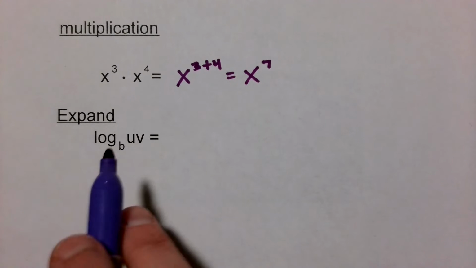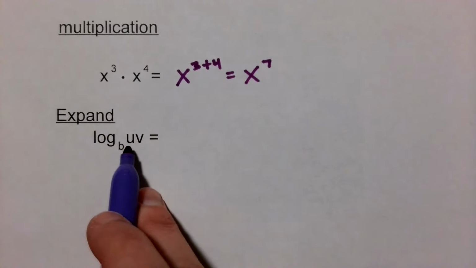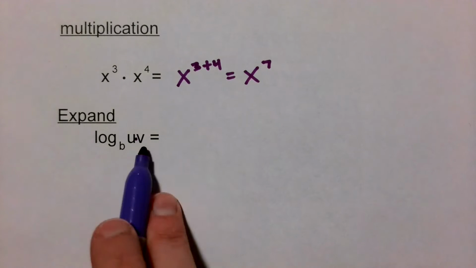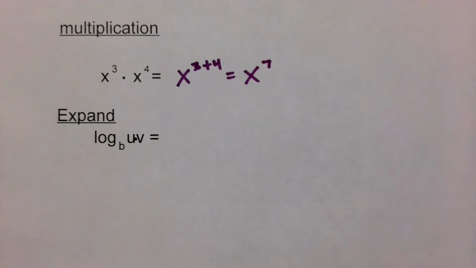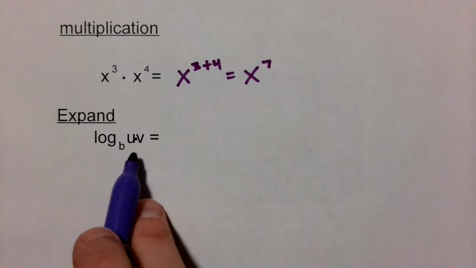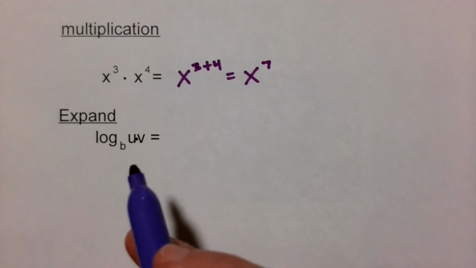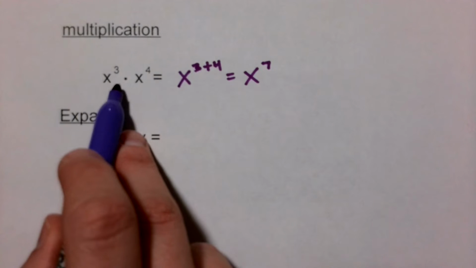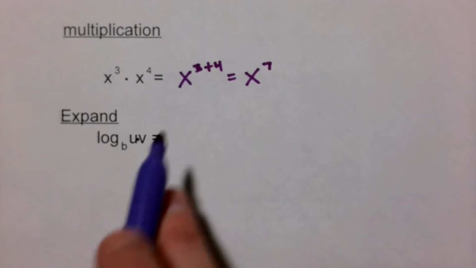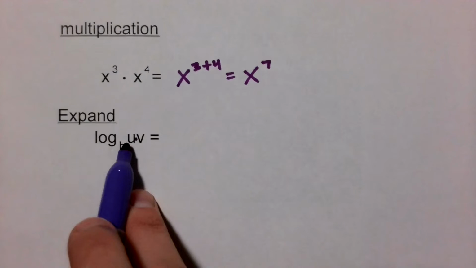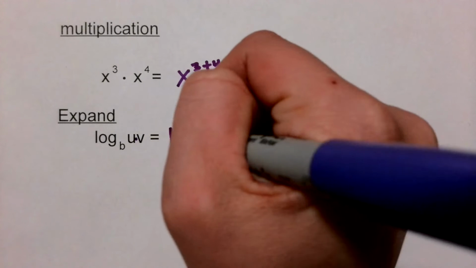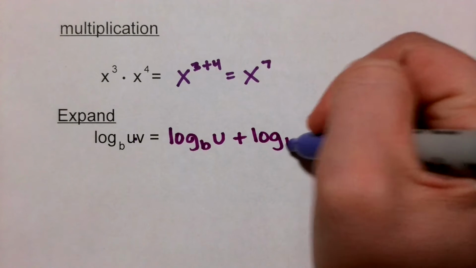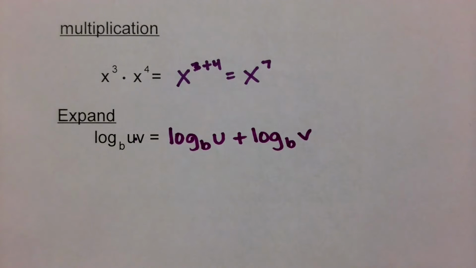So if I am expanding a log, and I have multiplication happening in the argument, in this case u times v, the properties of logarithms tell us that because this is an exponent, I can expand it into addition. Same reason that we had multiplication here and I ended up adding the exponents. I am multiplying in my argument and I can expand: log base b of u plus log base b of v.